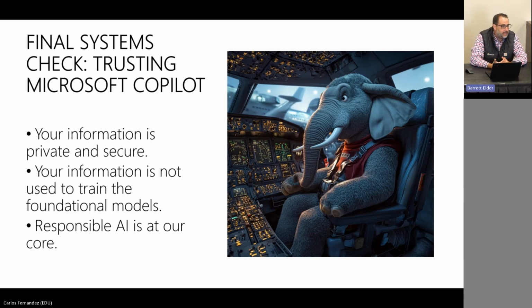Enterprise data protection just means at no point is a large language model or Microsoft or anything learning from you. This is really important because some people are going to use this for personal reasons. Maybe you're working so fast that you accidentally type in some student personally identifiable information, or some personally identifiable information that belongs to you.